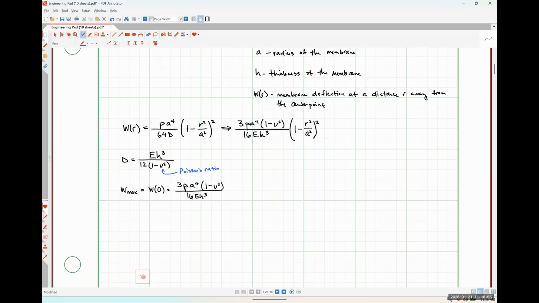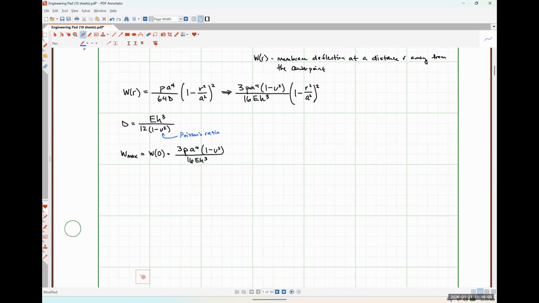So our radial stress, T R, as a function of R, is going to be given as plus or minus 3/8 times PA to the fourth power over H squared.